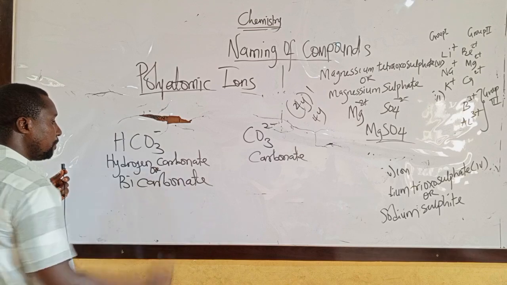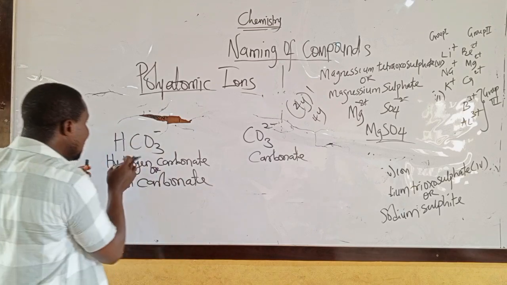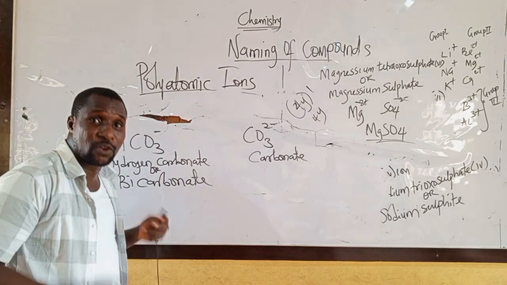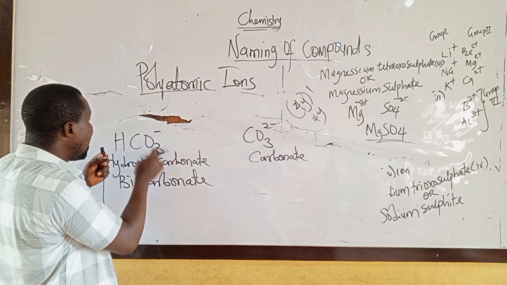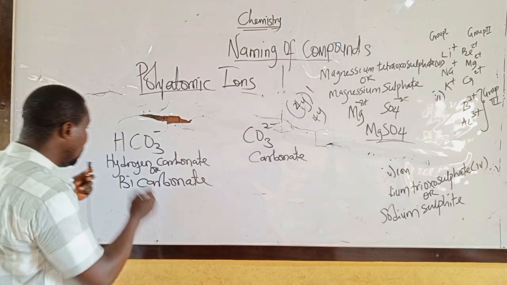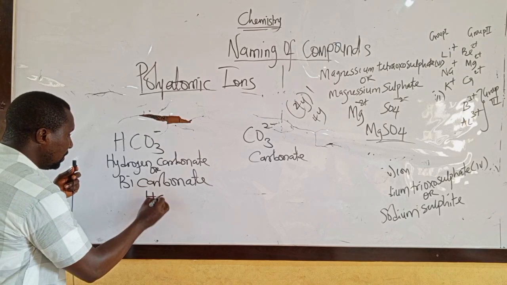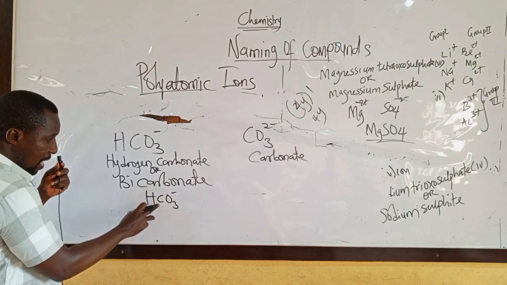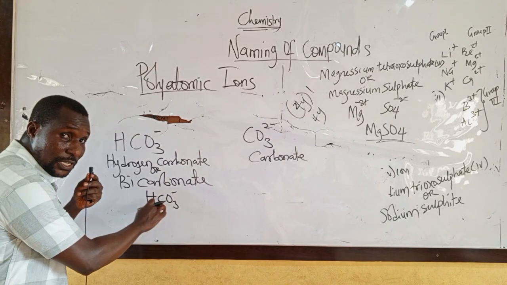Bicarbonate. Another name. And I can get the oxidation number of the carbon in it and call it hydrogen trioxocarbonate 4 anion. That's another name. Or I can call it, let me see, HCO3 minus. Calculate the oxidation number of carbon here.